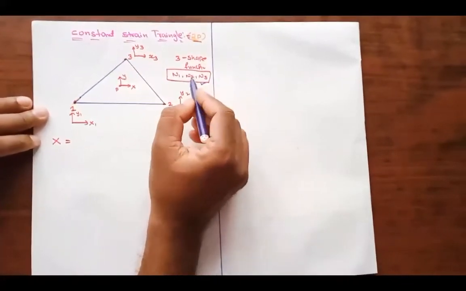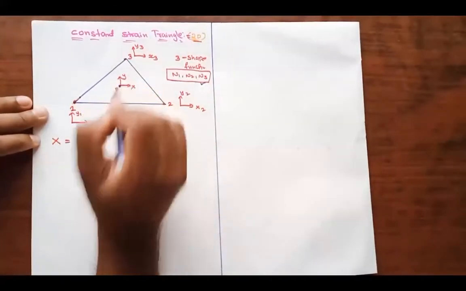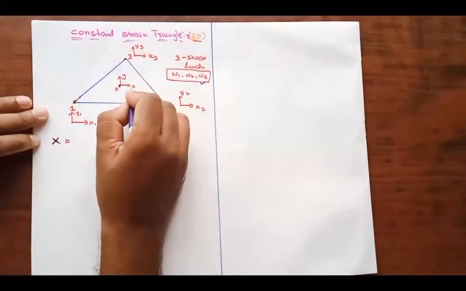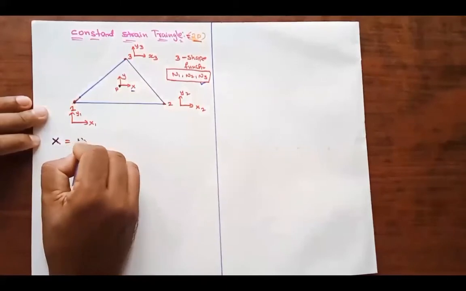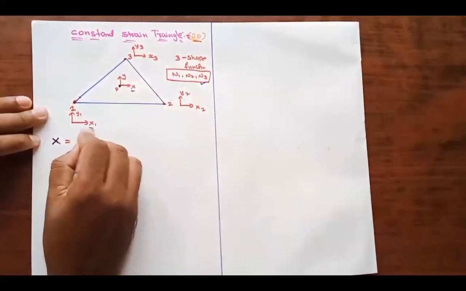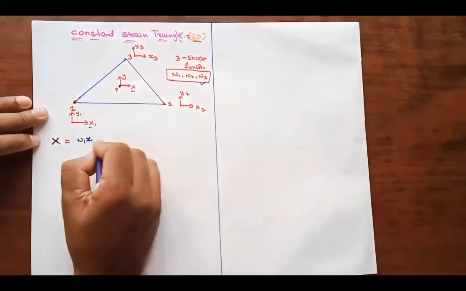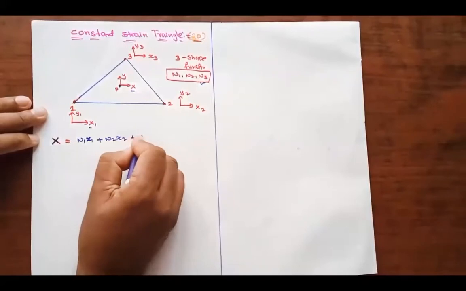Therefore it is possible to say that at any given point P, the capital X can be defined as the shape function n1 times the coordinate value x1, plus n2 x2, plus n3 x3.